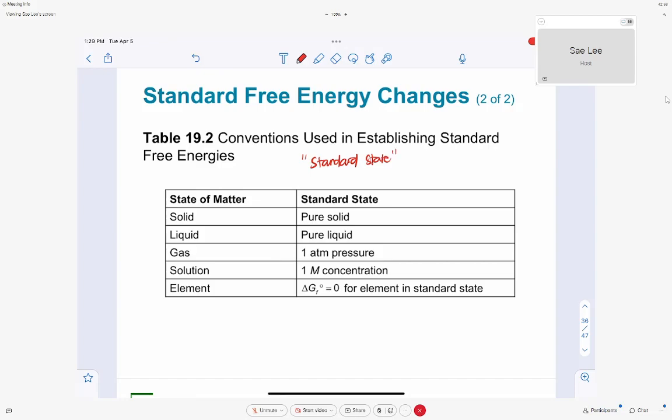When you're dealing with a reaction and the question says the reactants and products, the system, are at standard state, that standard state indicates pure solid for any solid matter, pure liquid for any liquid matter, 1 atmosphere pressure for any gases, and a concentration of 1 molar for any solution. For any element in the standard state, the Gibbs free energy is going to be 0. So here are some notes regarding the standard states.